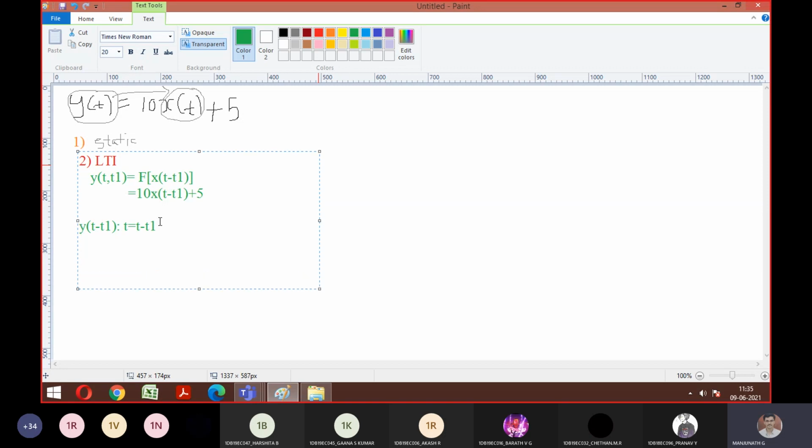So if you substitute here, tell me what's the answer now? y of t minus t1 is equal to 10, and wherever t is there, you replace with t minus t1, that's all, plus 5. So this is equation number 2, or step number 2.